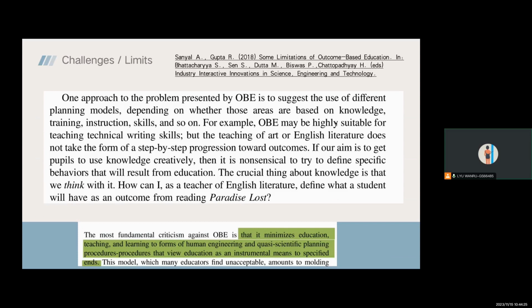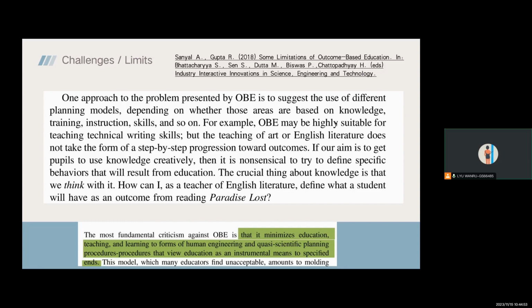OBE may be highly suitable for teaching technical writing skills, but when teaching arts or English literature, those kinds of subjects do not take the form of a step-by-step progression towards outcome. So if our aim is to get pupils to use knowledge creatively, then it would be unreasonable to try to define specific behaviors that will result from education.